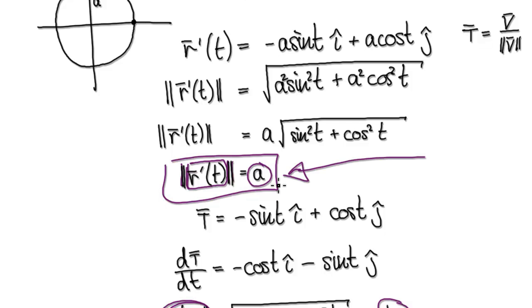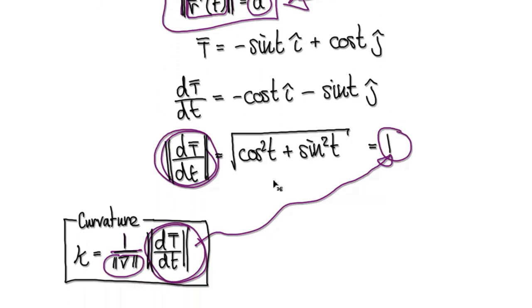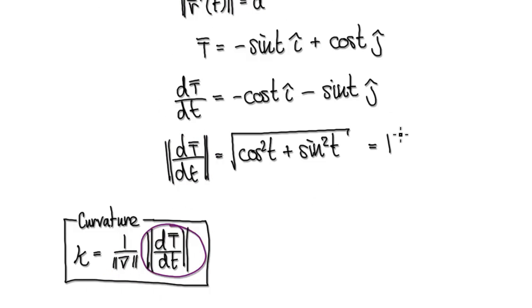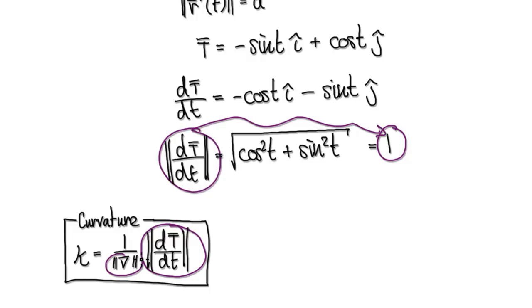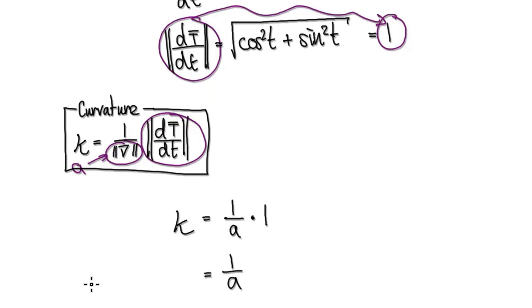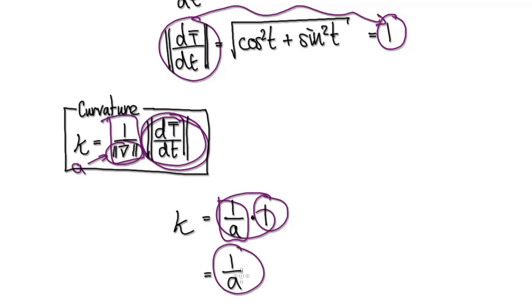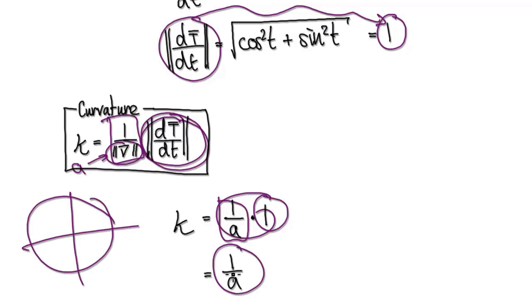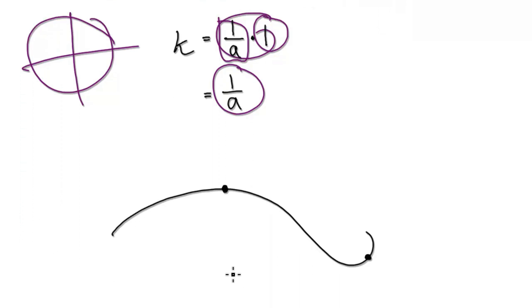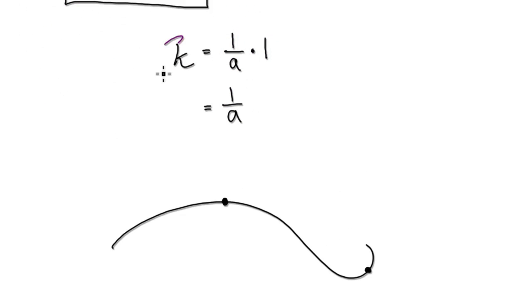So going back to here, this quantity is the number 1, and this thing here is A. So kappa, the curvature, is given by this thing times this thing, which is 1, and the whole thing will be this. If you're looking at a circle of radius A, the curvature is 1 over the radius. Our final answer is 1 over A. Kappa is equal to 1 over A.